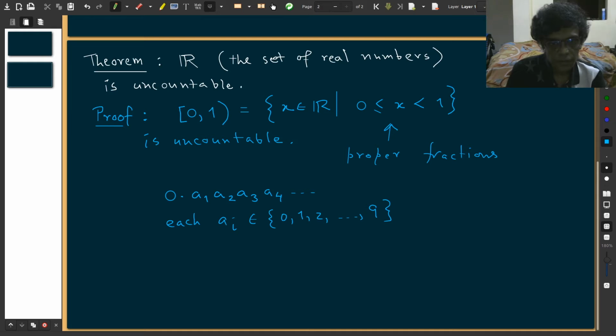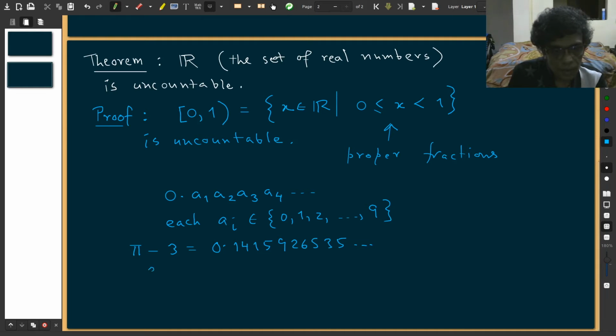That's quite obvious. For example, pi minus 3 is 0.1415926535, and so on. And you have, let's say, 3 by 8, which is 0.375, and this is followed by an arbitrary number of zeros.